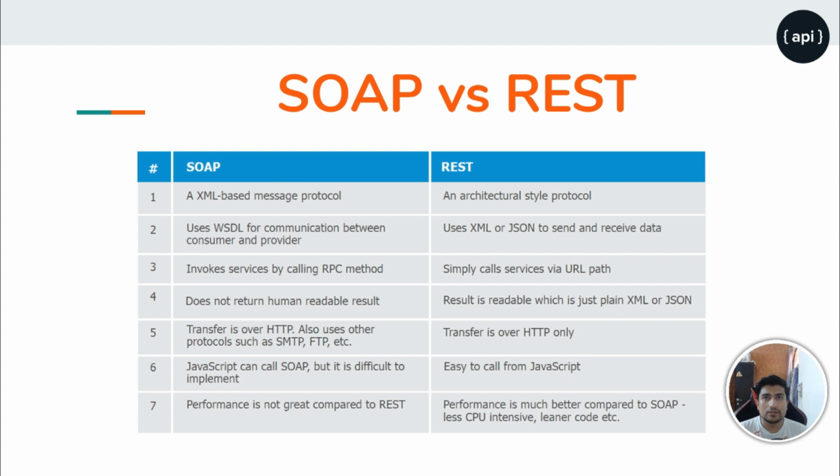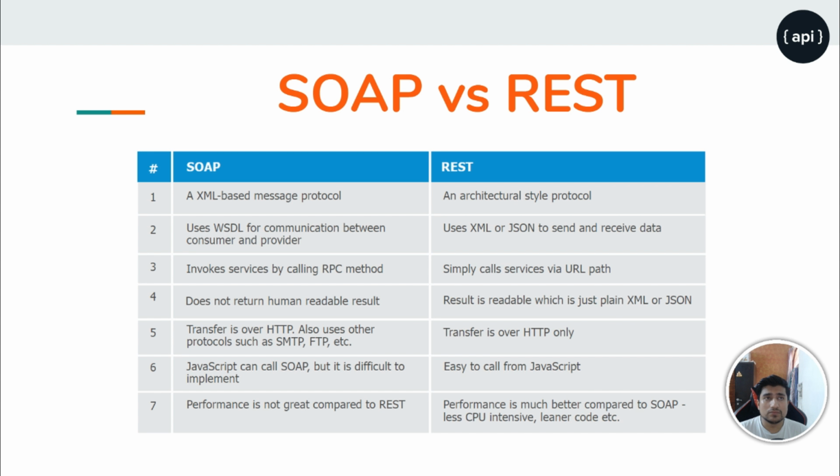The next difference is that SOAP basically invokes using RPC, remote procedure calls, whereas in REST you make the request according to your URL path. If you are doing a GET, POST or PUT, you will be provided a certain URL and you make the requests according to that, right?